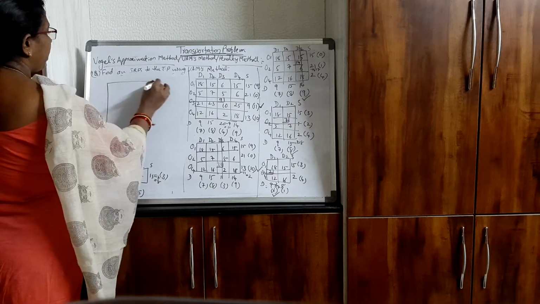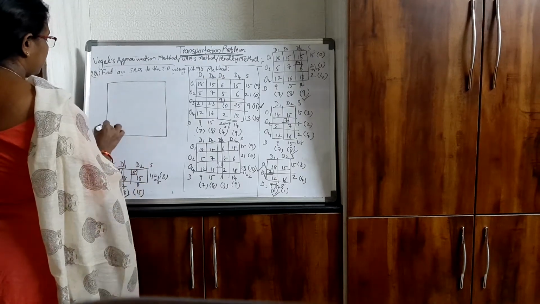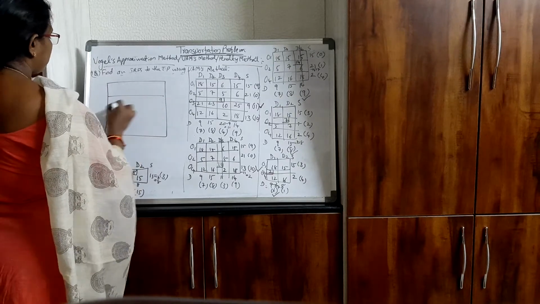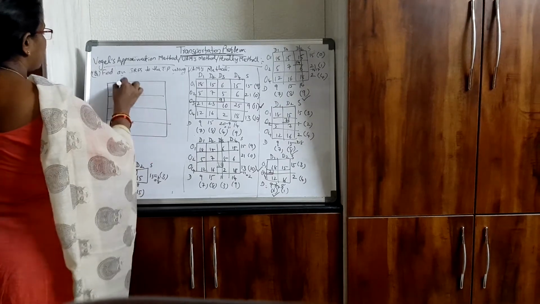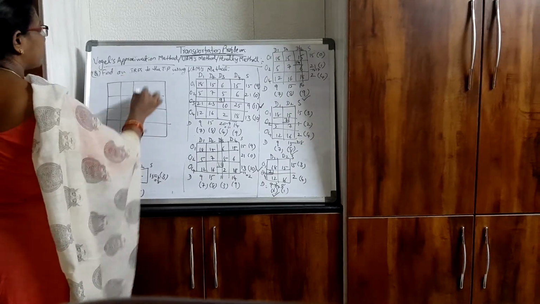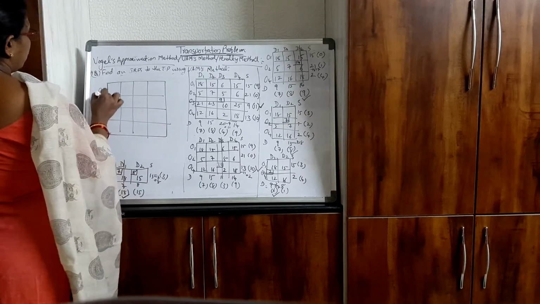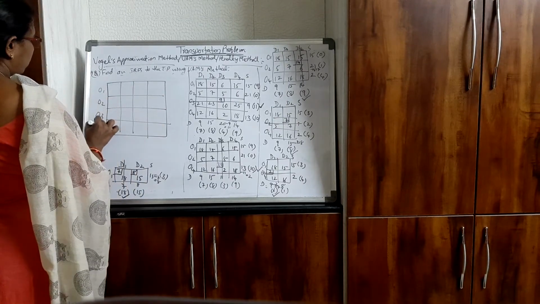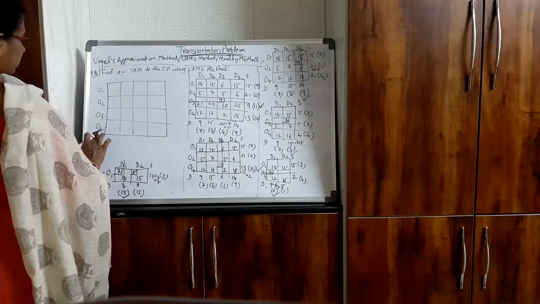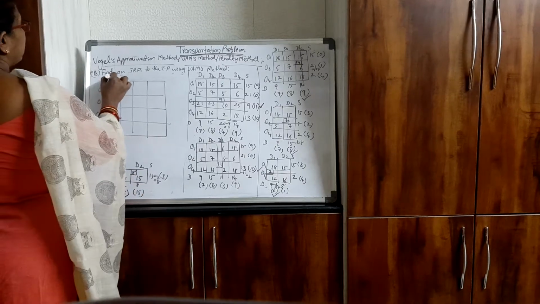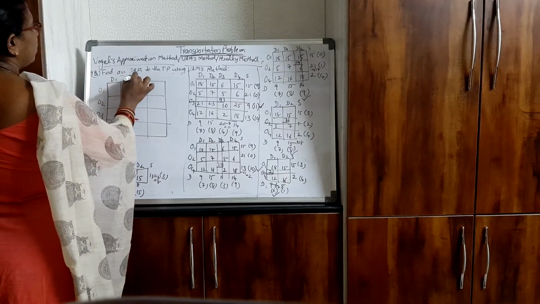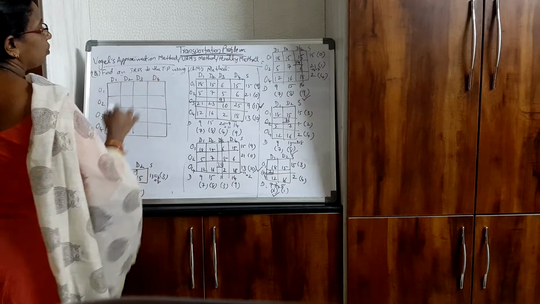Without supply and demand, you first write it. So it is a 4 cross 4 table, I said. So O1, O2, O3 and O4. Then you have D1, D2, D3 and D4.